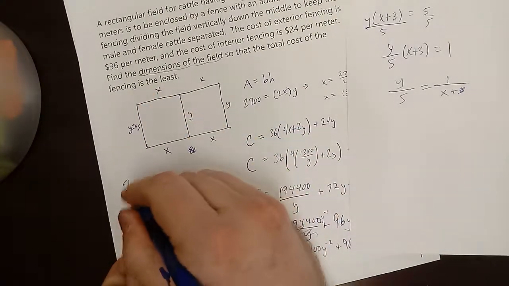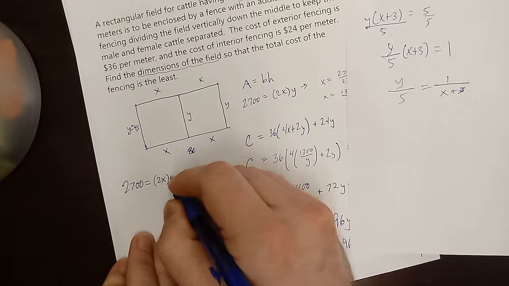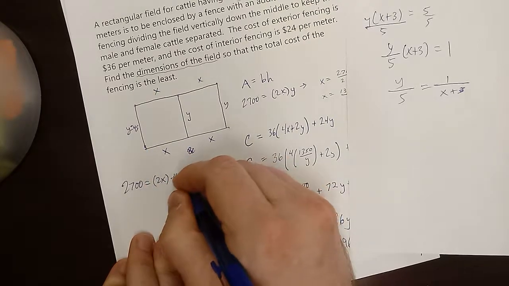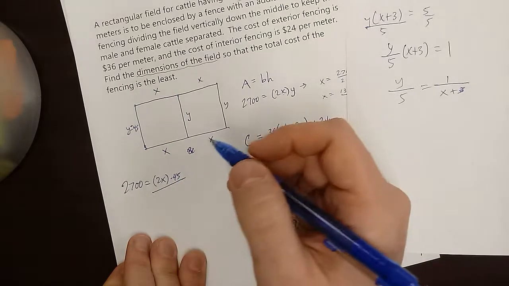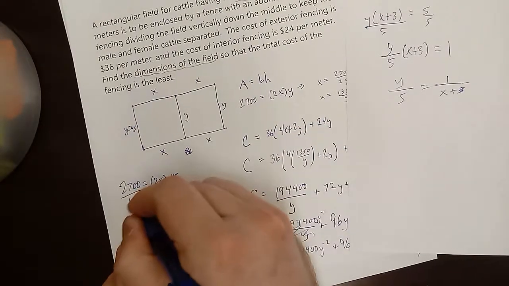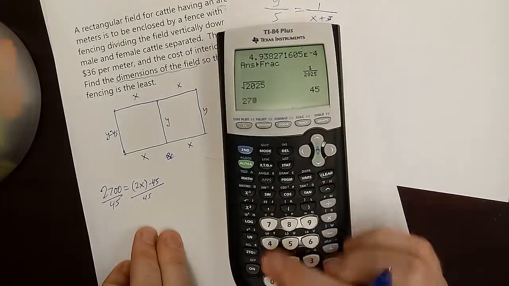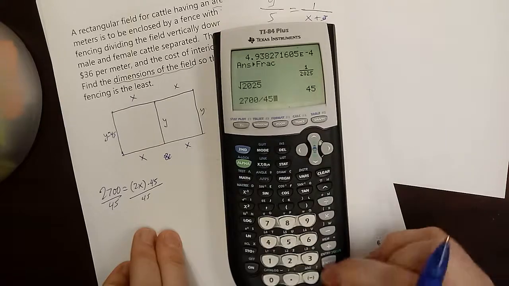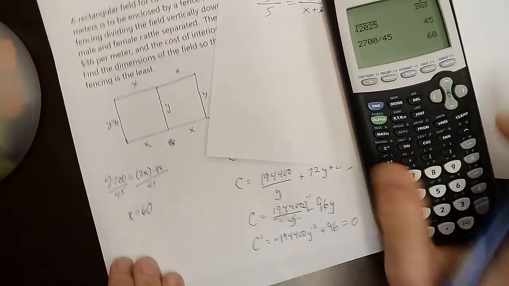I know that 2700 is equal to 2x times y, which is 45. So I'll divide both sides by 45, and I'll get 2700 divided by 45. I got 60, so x is equal to 60.